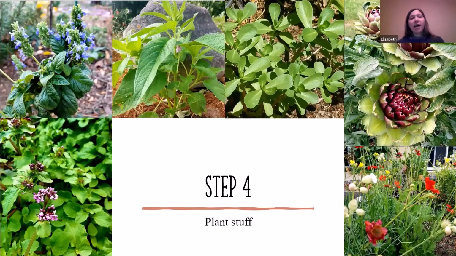So step 4, after the soil is improved and the water management is taken care of, now it's time to plant. And I made my choices about what to plant based on, first of all, how resilient these plants are on their own without being cared for by me.